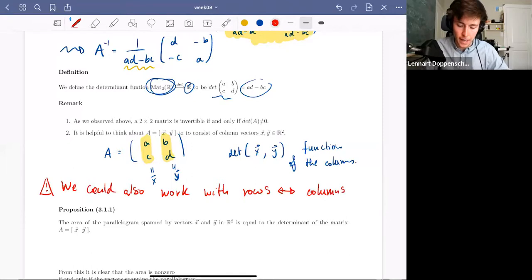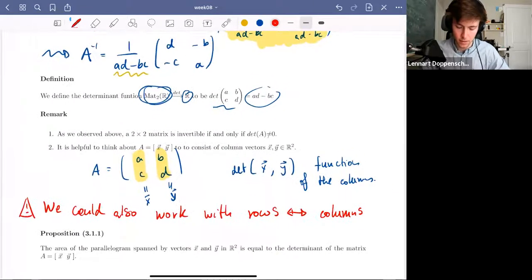We could have just taken AB as a vector and CD as a vector, but I think for notational purposes, it's clearer if you use the columns of a matrix as vectors. So everything that I'm going to say about columns in this lecture and tomorrow is exactly the same as for rows. And if you read the book, it is using rows. It's exactly the same. The same arguments hold. Just replace the word columns with rows, literally.